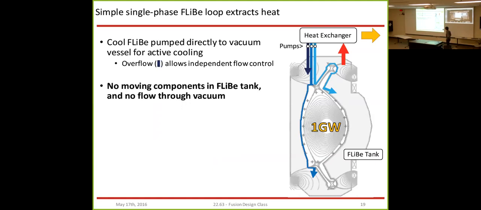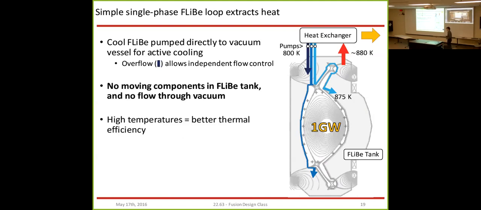So one big advantage of our design here is that there are no moving components in the FLiBe tank and no flow through vacuum. So all of our pumps that provide flow through the cooling channels are outside of the FLiBe tank, and so they're outside of the high neutron fluxes and such. And if you needed to maintain them, you wouldn't have to drain the FLiBe tank.